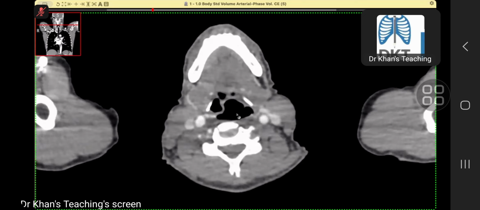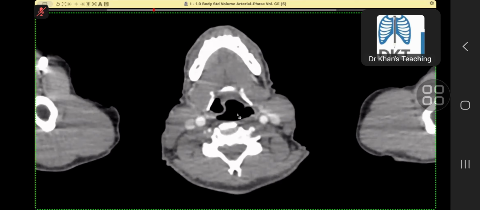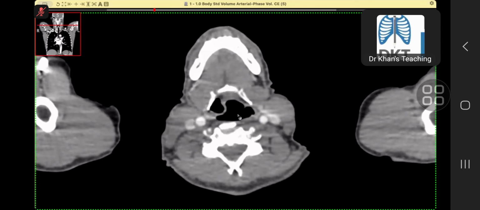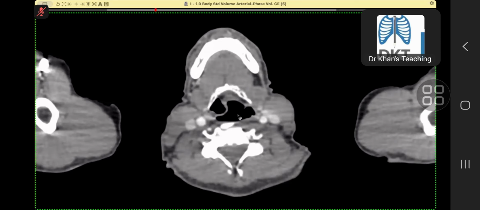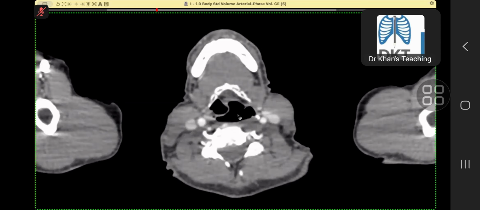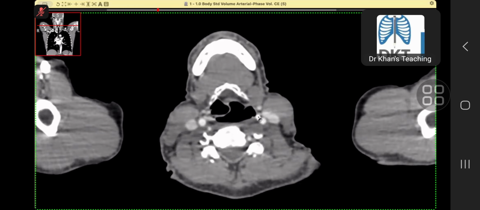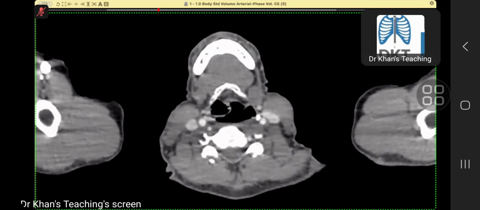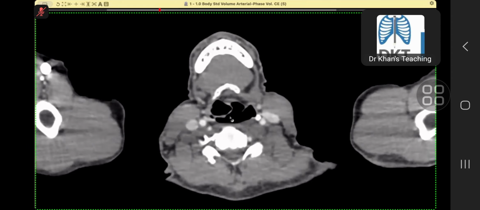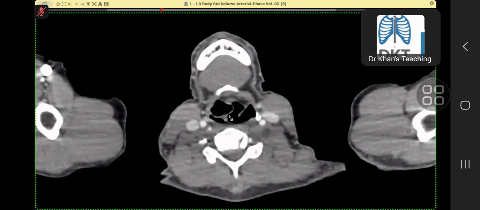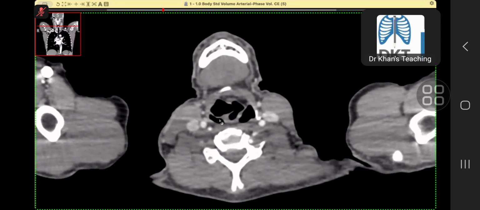So if you get it in the exam, you will get marks because of your description. And the examiners will ask you anatomy, what is happening here, which part of anatomy are you here, and things like that. So this is still the supraglottic larynx, and the superior portion is extending here. So this is the piriform sinus, this is the piriform sinus.